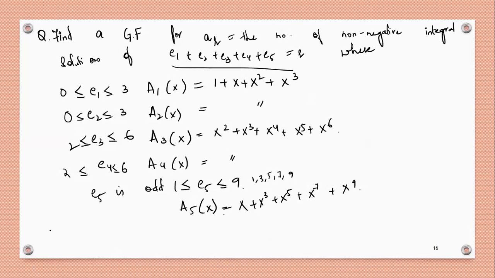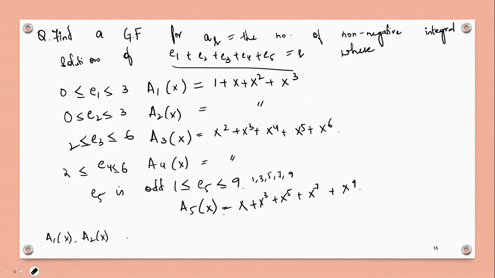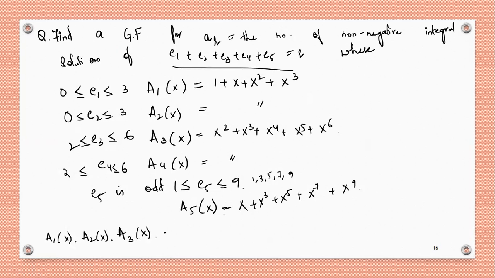Now how do we represent it? Instead of plus, we will be writing a product. So it will be written as A1 of x into A2 of x into A3 of x into A4 of x and A5 of x, which will be given as 1 plus x plus x square plus x cube, which is our A1.